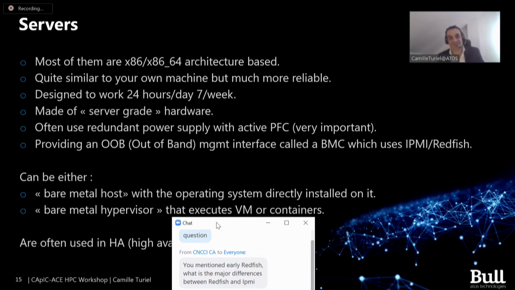You know what I mean? So IPMI and Redfish can be seen this way, as an abstraction layer over each manufacturer's implementation.